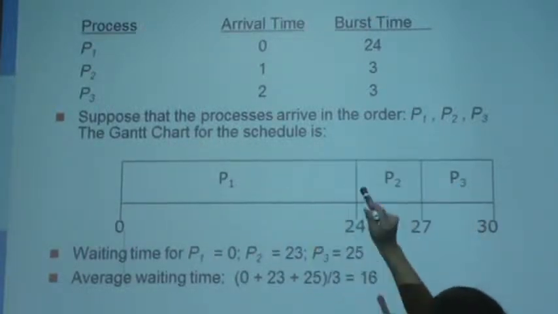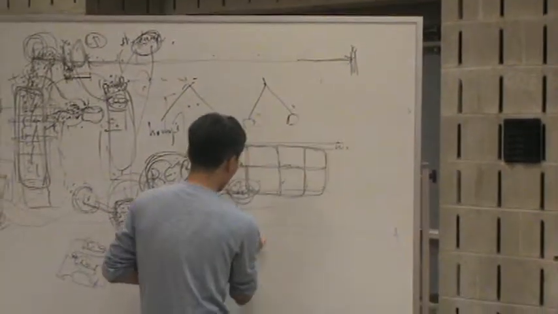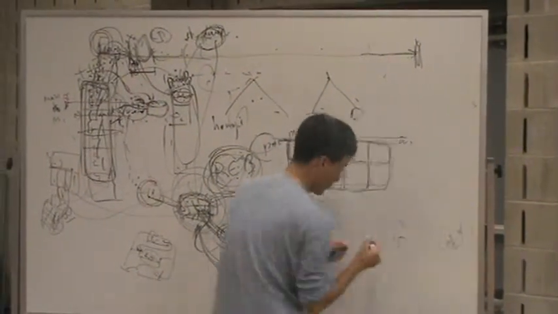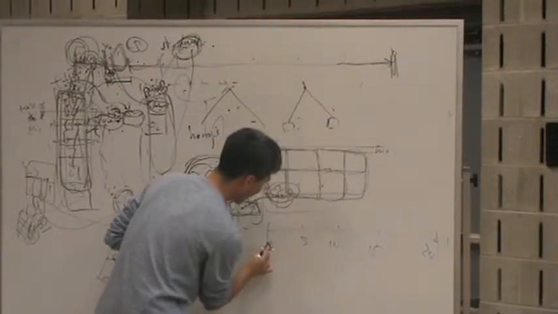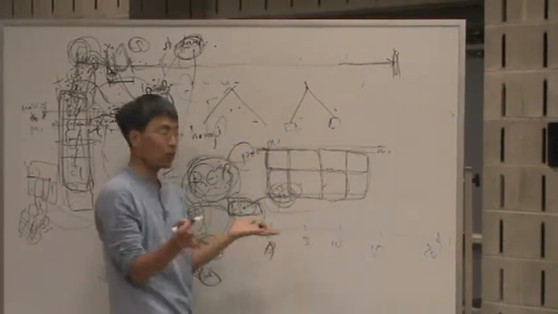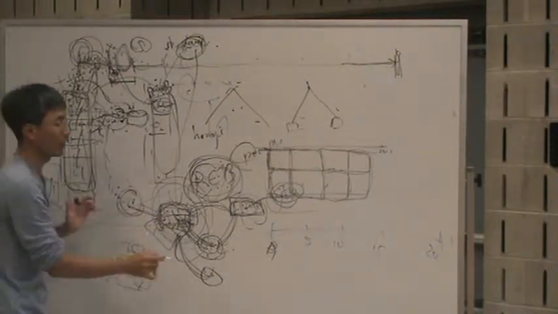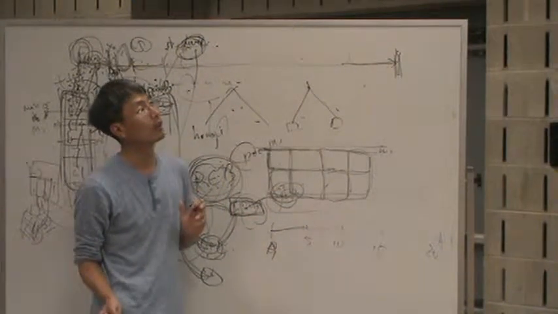Then process 2 arrives, so this is using the timeline, 5, 10, 15, 20, 25, something like that. And process 1 arrived here, okay? Process 1 is the only process in the ready queue, so it takes the CPU resource until when? 24.